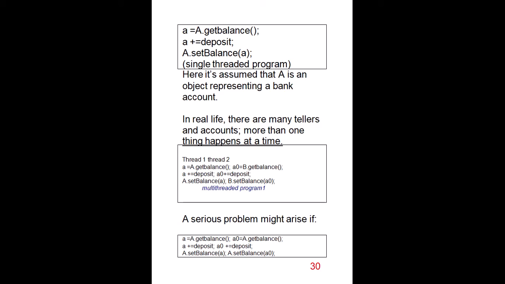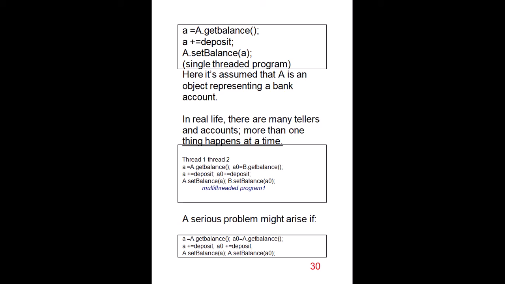And in real life, there are many tellers and many hundreds of bank accounts. More than one thing can happen at a time. So there may be thread 1 and thread 2.